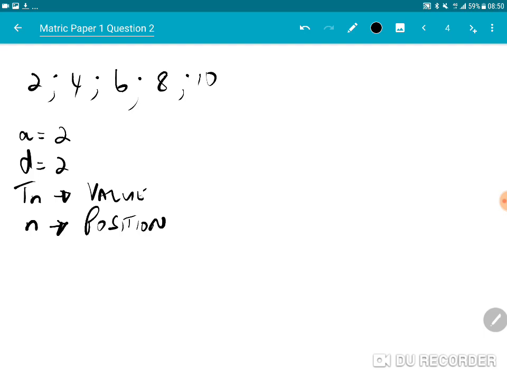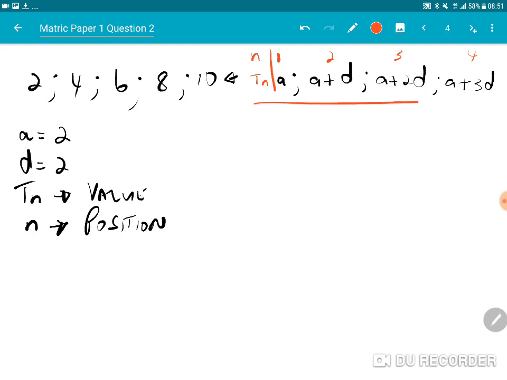Another way of writing this series would be A, A plus D, A plus 2D, A plus 3D. Same thing: there would be our first term, so this would be N, and that would be Tn. That would be our second term, our third term, our fourth term.